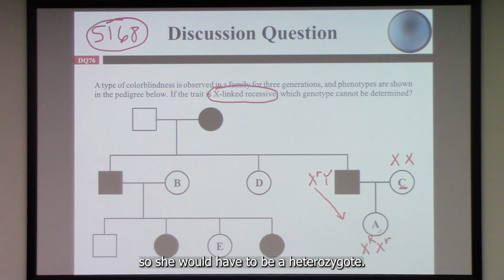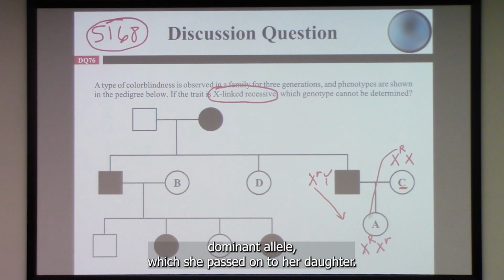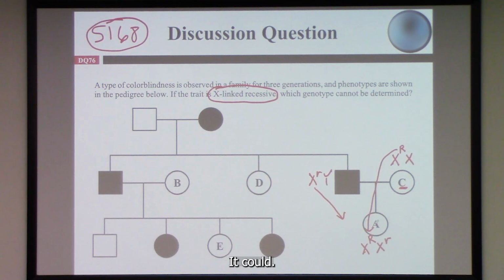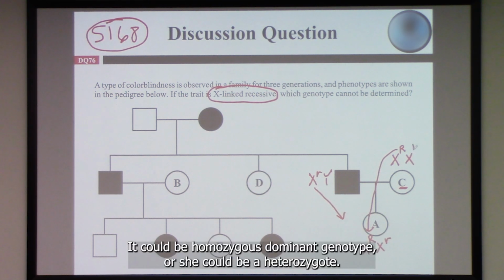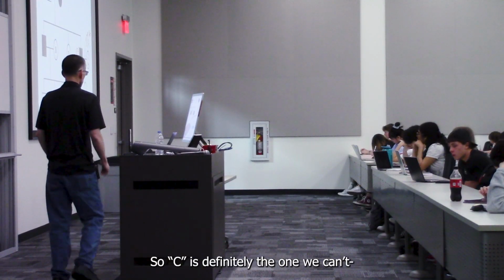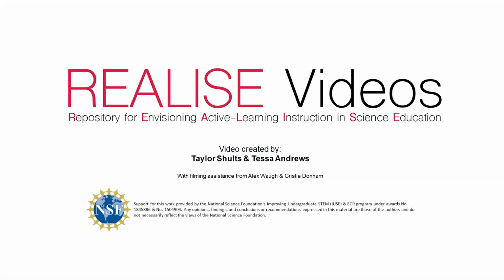So she would have to be a heterozygote. The mom also does not express the trait, so she must have at least one dominant allele, which she passed on to her daughter. But that alone doesn't tell us what the other allele is. It could be a homozygous dominant genotype, or she could be a heterozygote, but there's not enough information to figure out which one. So C is definitely the one we can't figure out.